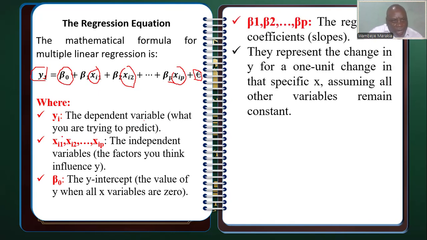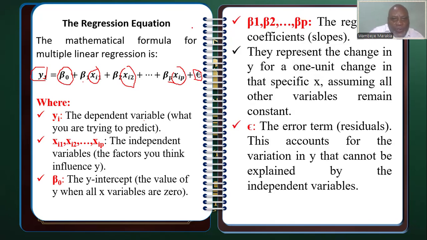Now, we have beta 1, beta 2, and beta 3. There might be several of them. These are the regression coefficients, and in simple terms, you call them the slopes. They represent the change in y for 1 unit change in that specific x, assuming all other variables remain constant.